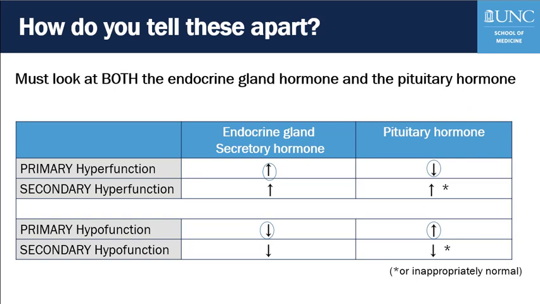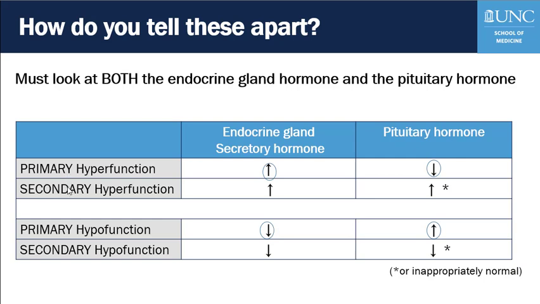This table summarizes how to tell primary disorders from secondary disorders, and the most important thing to remember is to never try to interpret pituitary hormone levels in isolation. You always have to look at both the endocrine gland hormone as well as the pituitary hormone itself.